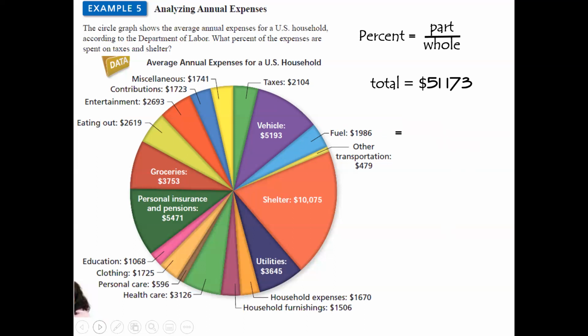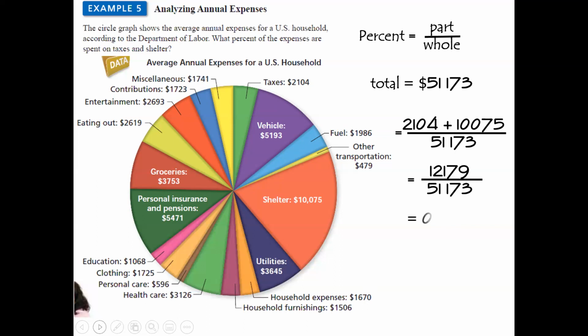Now I add this up. That gives me 12,178 over the total. And I divide this, and that gives me 0.2379. And remember, to find the percent, you got to move it over 2 decimal places, 1, 2.